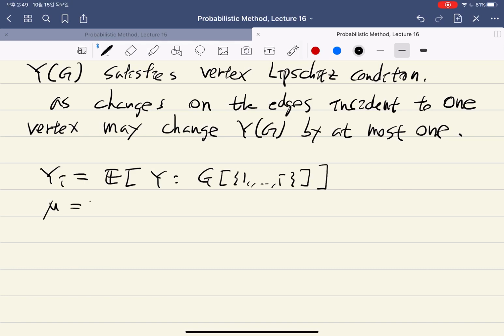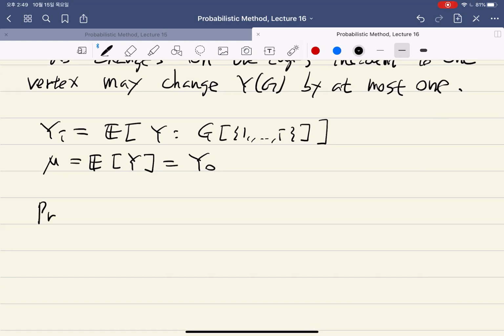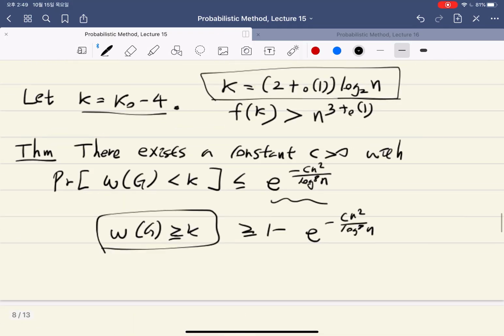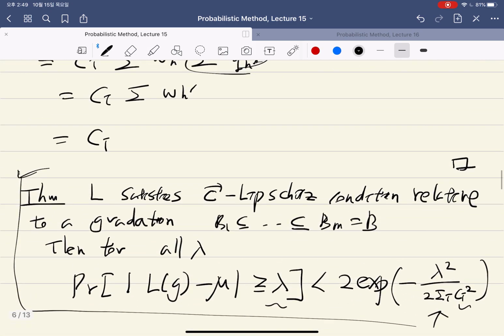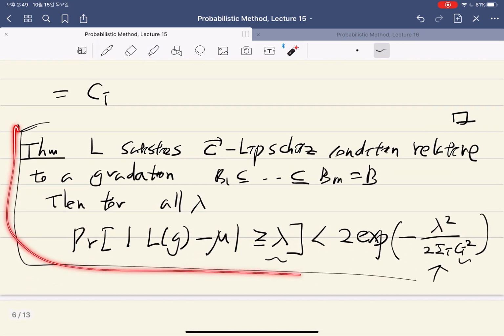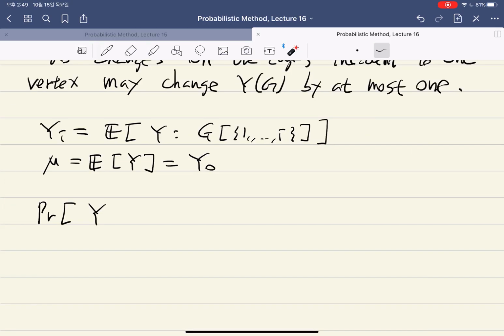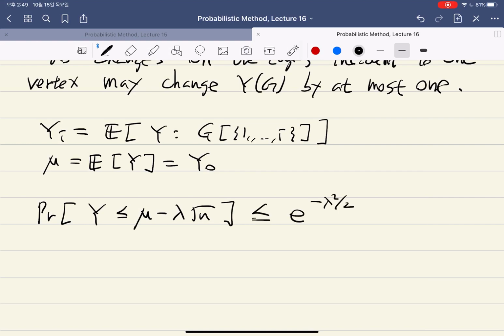And let mu be the expectation of Y, which is the same as Y0. Then you apply Azuma's inequality. Technically, what we are using is the lemma we showed last time, this one. You can show that the probability that Y is lower than its expectation by lambda square root of n is at most e to the negative lambda squared over 2.